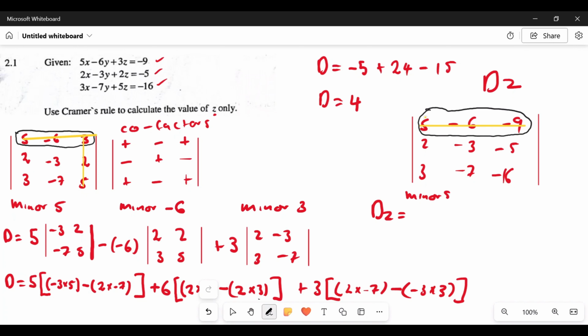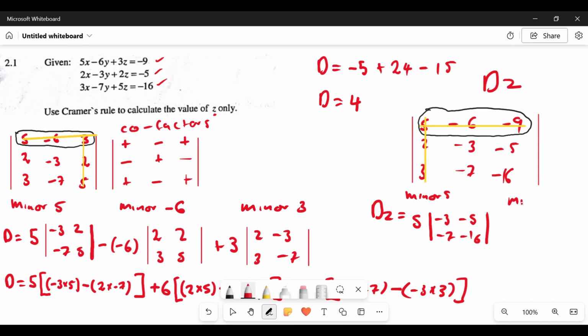And then we go with the column. There we go. So we're going to be left with -3, -5, and -7, -16. So this becomes our square matrix, 2 by 2.